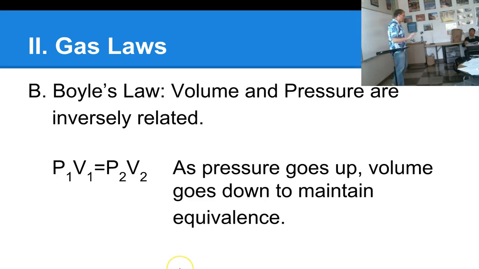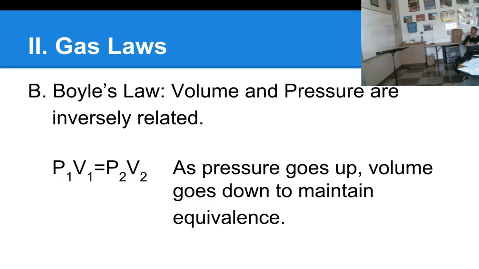Boyle's Law is the other one that you learned. Boyle's Law, also a physical science concept you spent a long time on. Boyle's Law, volume and pressure are inversely related. So here, pressure 1 times volume 1 equals pressure 2 times volume 2. As pressure goes up, volume has to go down to maintain equivalence. So again, let's pick some easy numbers to work with.